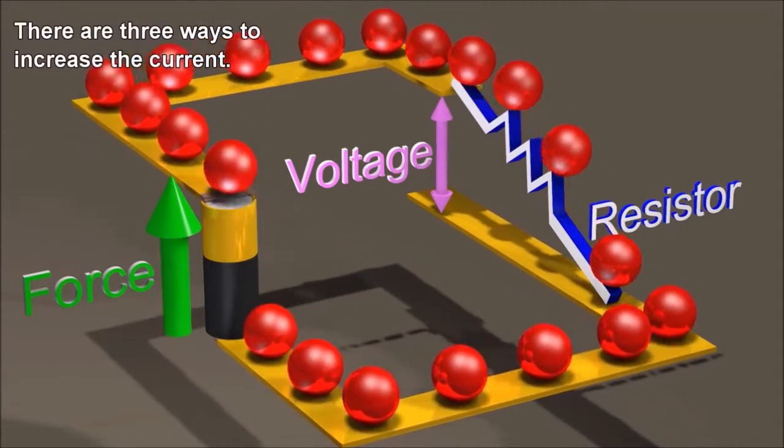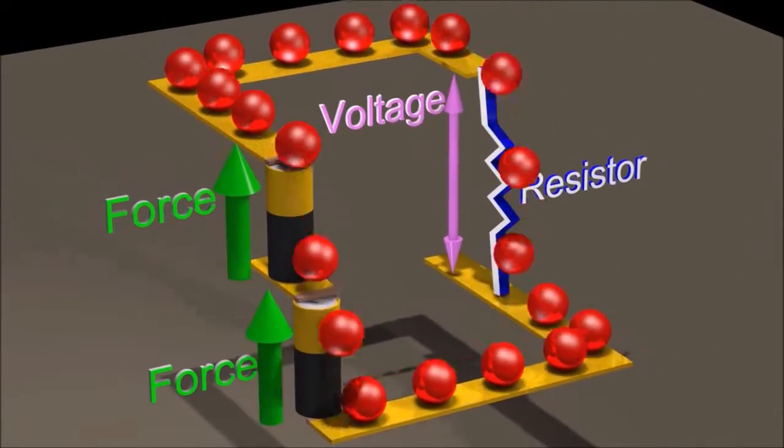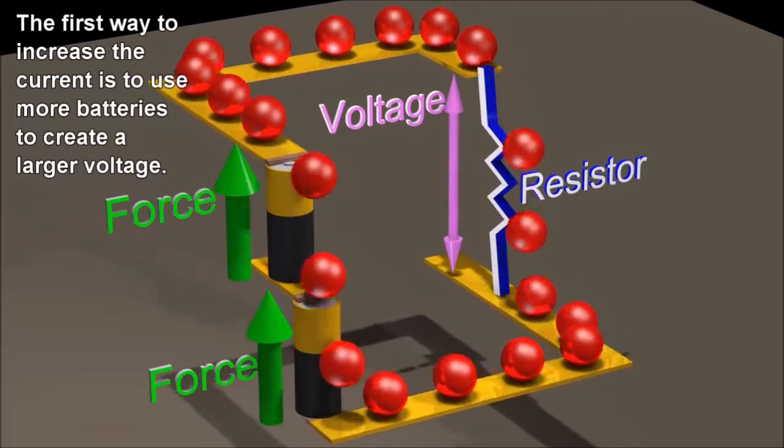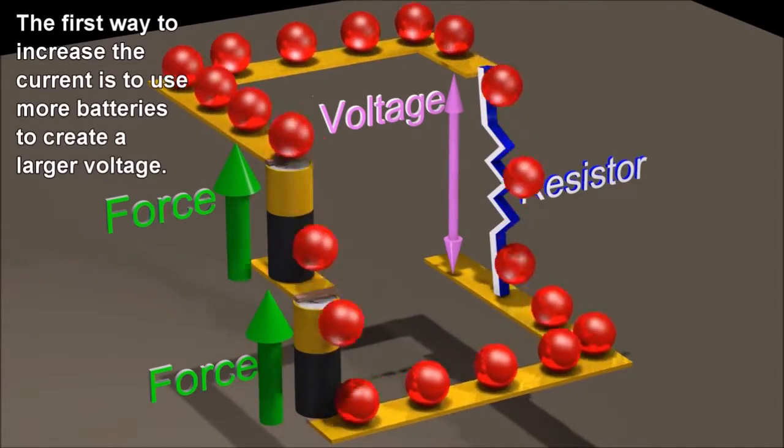There are 3 ways to increase the current. The first way to increase the current is to use more batteries to create a larger voltage.